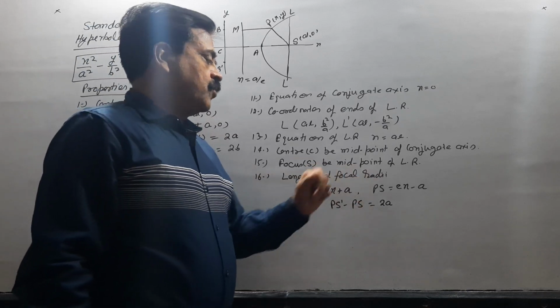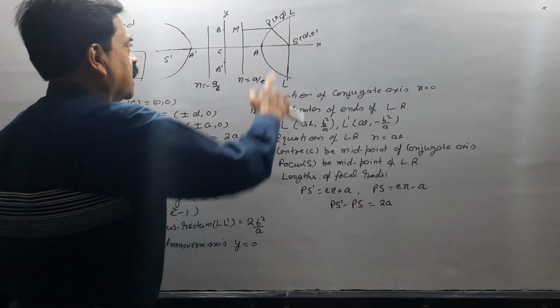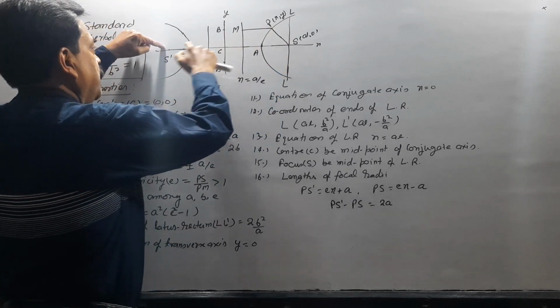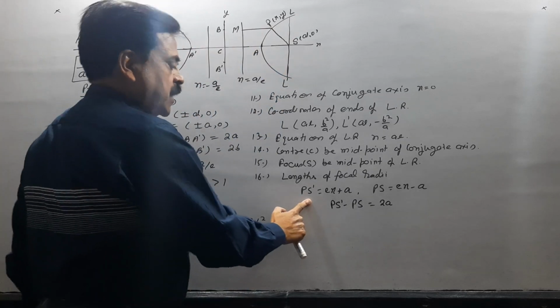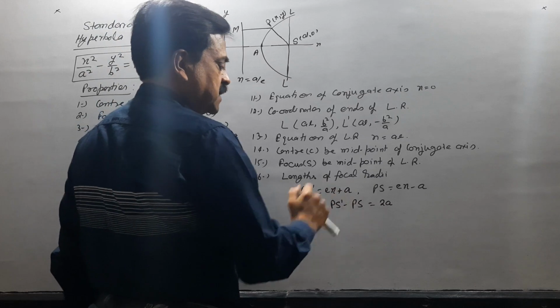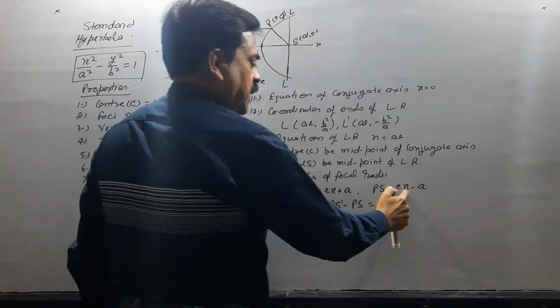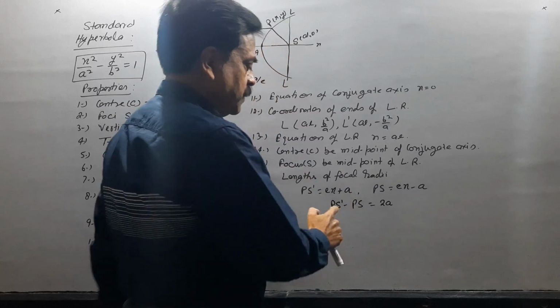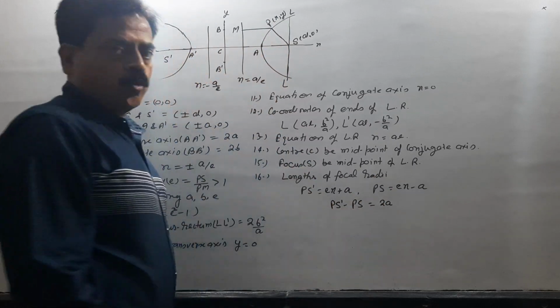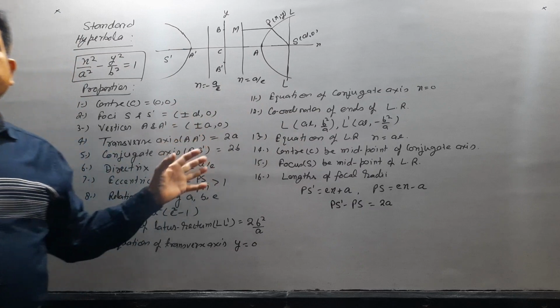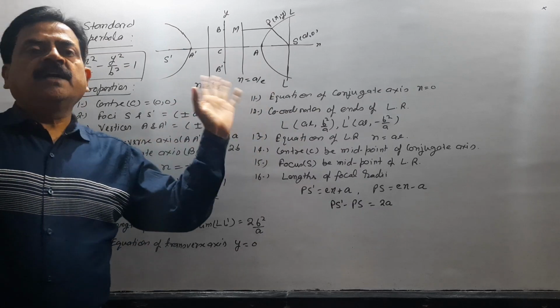Length of focal radii: the focal radii are PS dash, P to S dash, which is one focal radius, with length ex plus a. PS is the other focal radius, ex minus a, and their difference PS dash minus PS is 2a. So these are the properties of this kind of hyperbola.